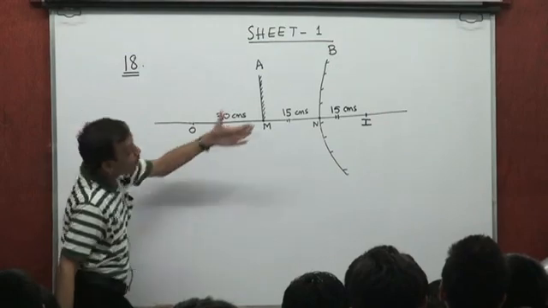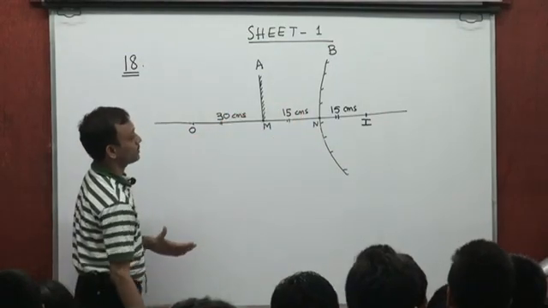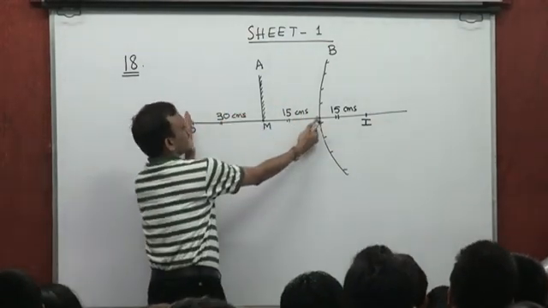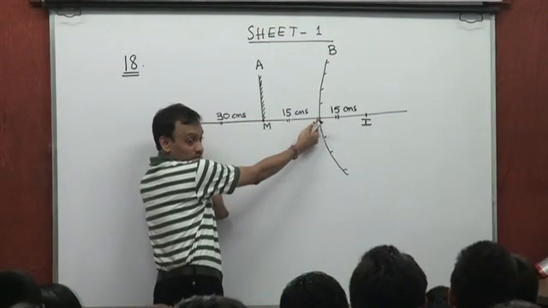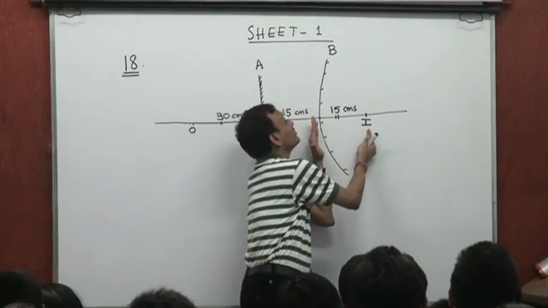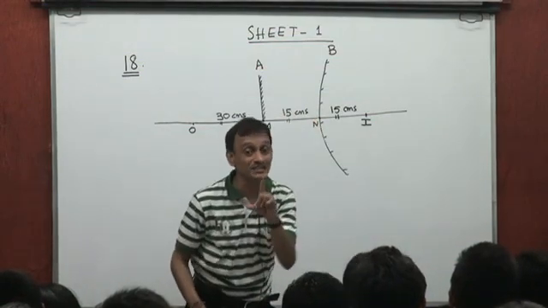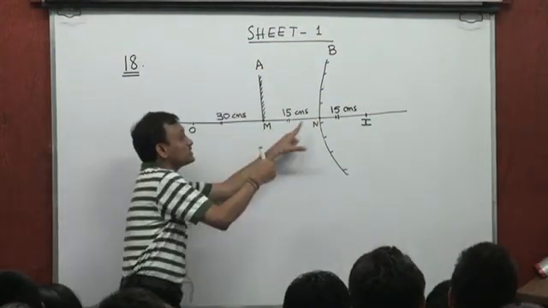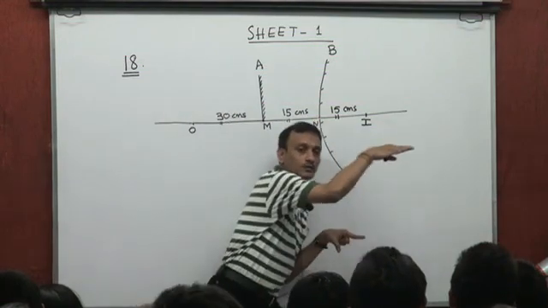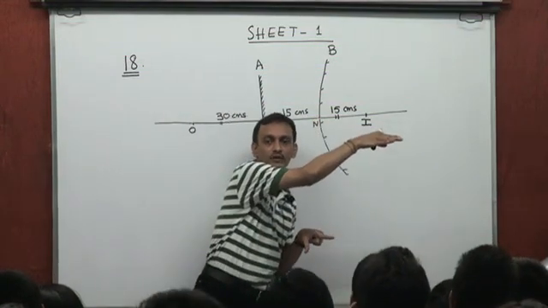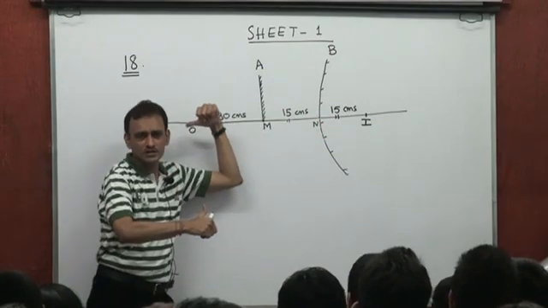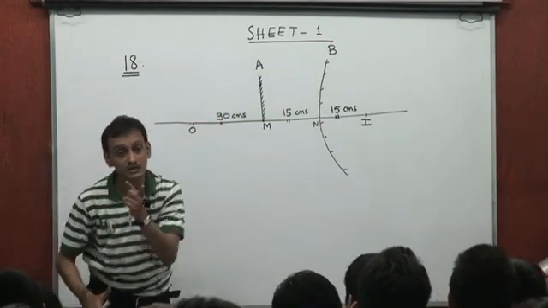That means, for the sake of the convex mirror, the object distance is U equal to 45 centimeters. Image distance is V equal to minus 15 centimeters. All distances measured from the pole of the mirror in the direction of the incident ray are deemed negative, and opposite to the direction of the incident ray deemed positive.